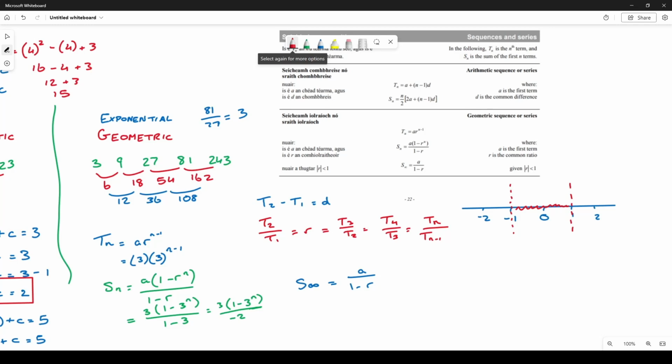Is there anything else I want to really say about this? If you were here for the earlier bits, you would have seen all the nuanced bits to it, where if they say what is the sixth number, you'd sub in 6 for Tn. If they say what did the first 17 numbers add up to, you'd sub in 17 for the n in Sn. Let's say for the patterns you need a certain amount of matchsticks to make it.